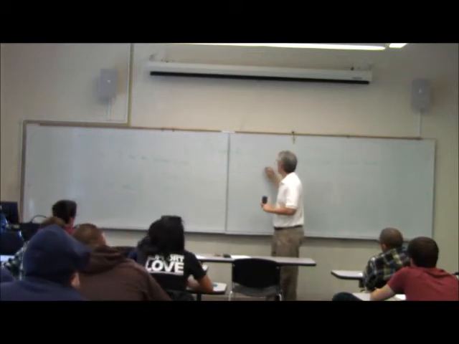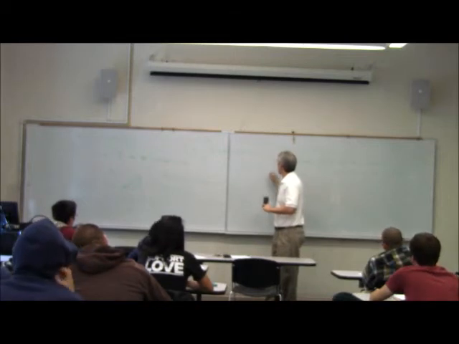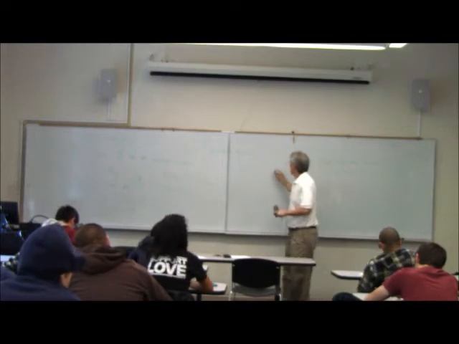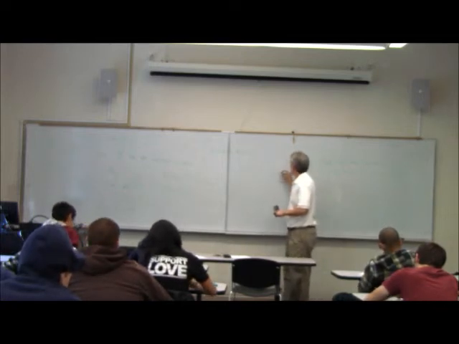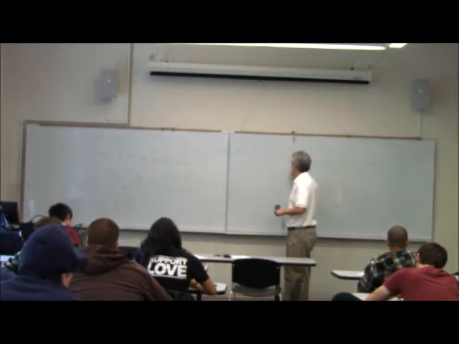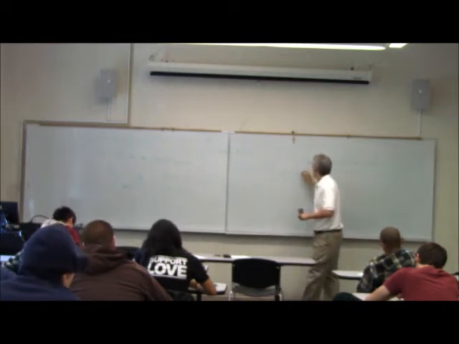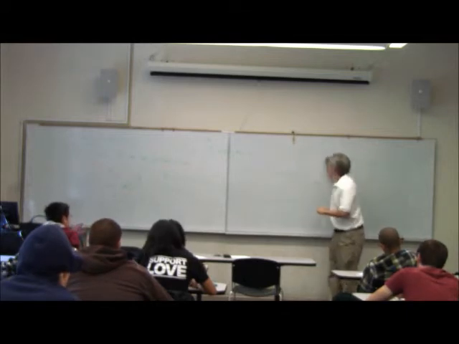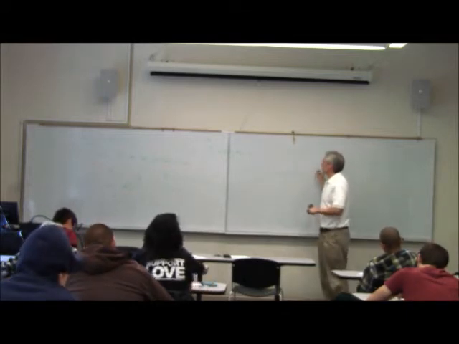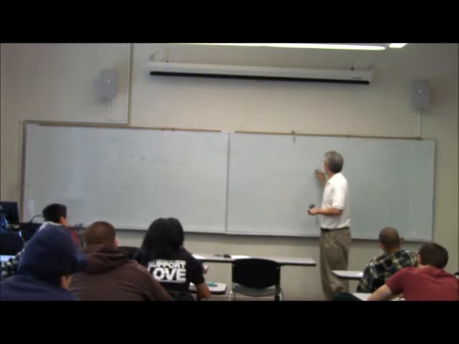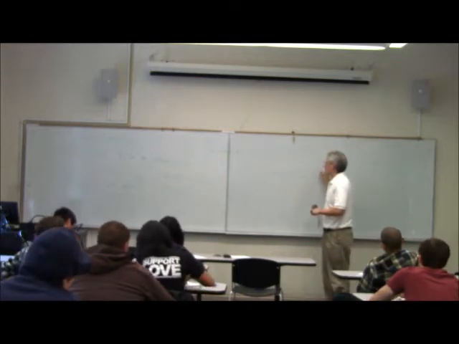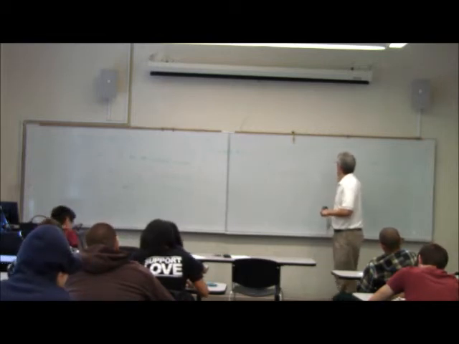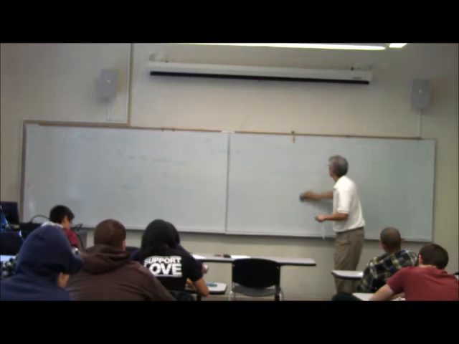So I of alpha is the integral from x1 to x2 of f of x, capital Y of x plus alpha epsilon of x, capital Y prime plus alpha epsilon prime, dx.